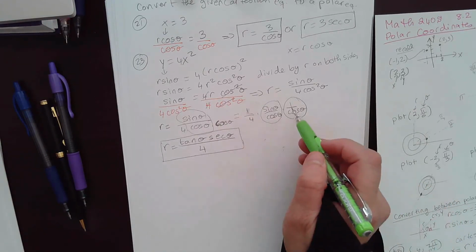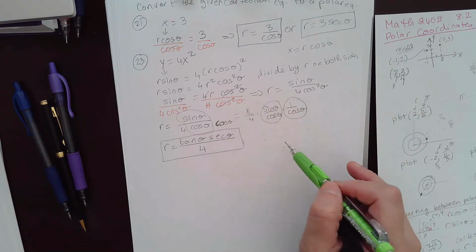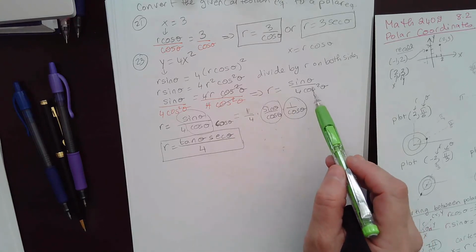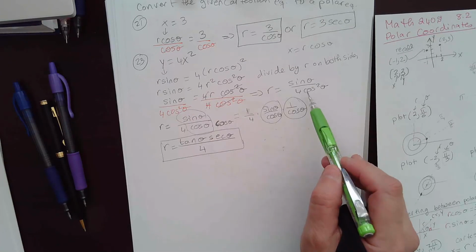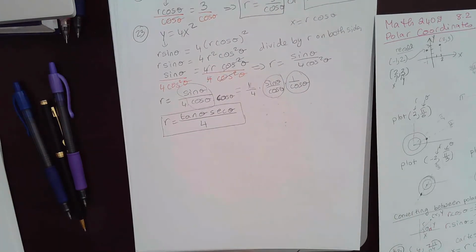You don't need to separate like this, but I'm just here to show you. You can rewrite this. Technically it's correct, but it's not very efficient to leave it like this. Write it like this if you can. Okay?